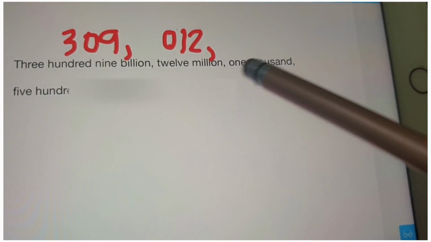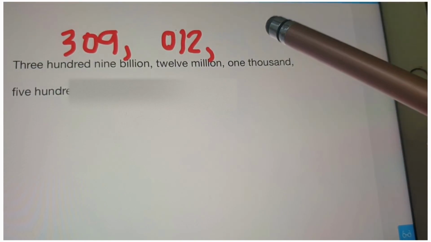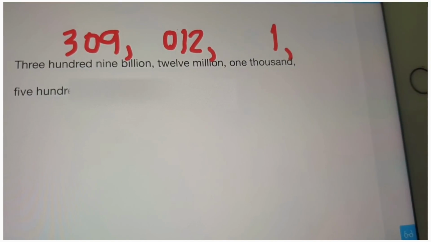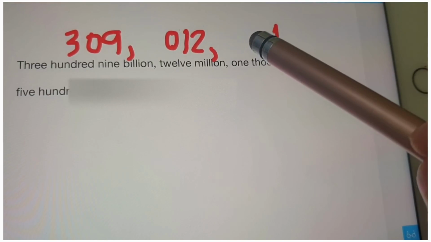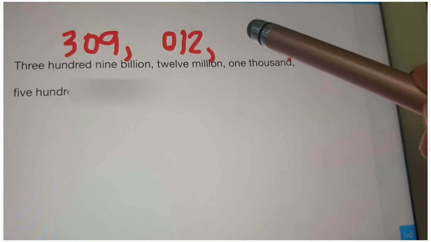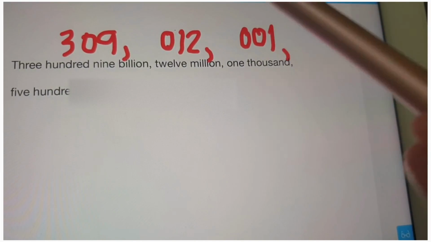Next number is 1,000. So just write 1, and then 1,000, comma. But again, as I told you, we need three numbers. We cannot leave this number like that. We need to add 2 more zeros in front of the number 1.